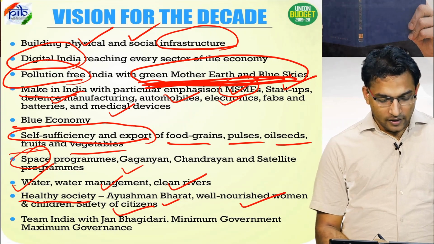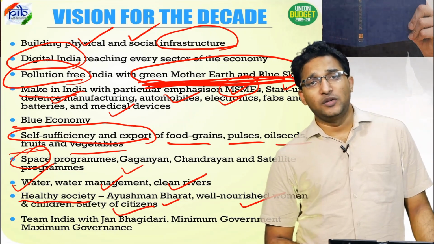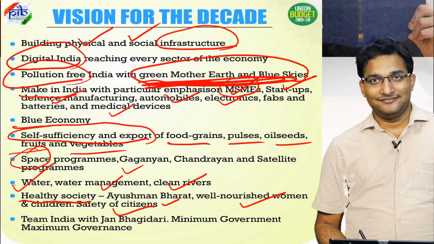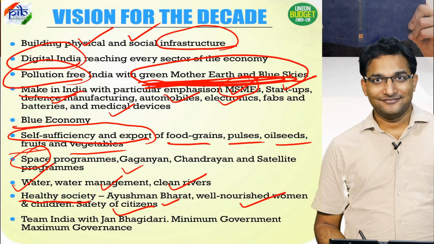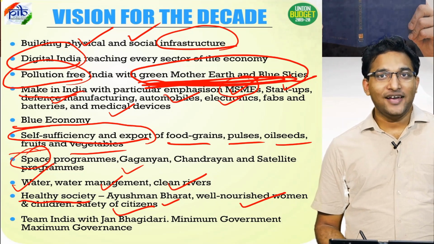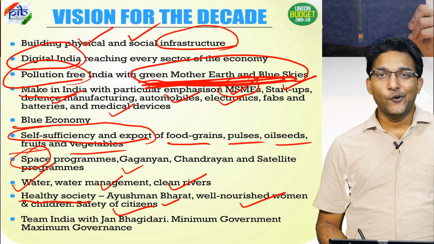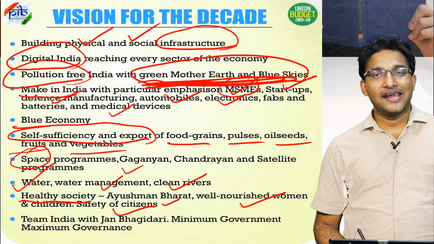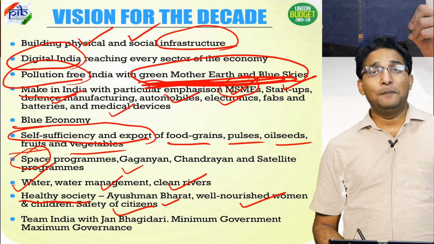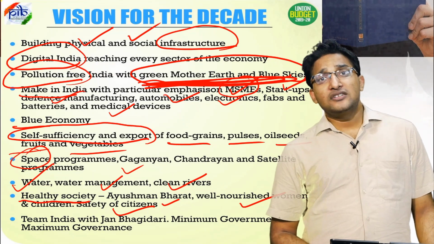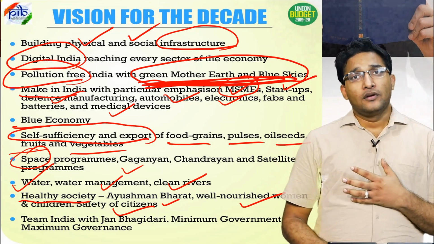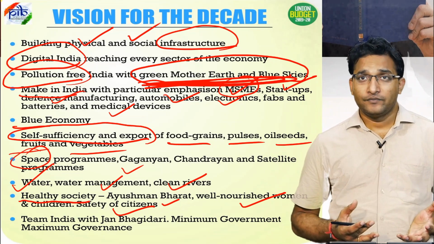And finally, very important, I would say this should be the first point: Jan Bhagidari, the people's participation. With people's participation, we can ensure that all government initiatives reach a successful end. When people participate, initiatives like social audit, citizen charter and right to information can all be successful.